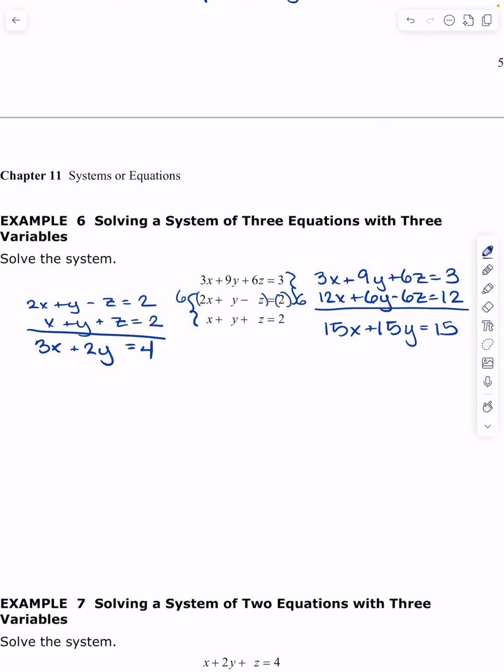Now, if I wanted to, I could divide everything by 15 and get x plus y equals 1. I can use elimination or substitution here, but let's do this.